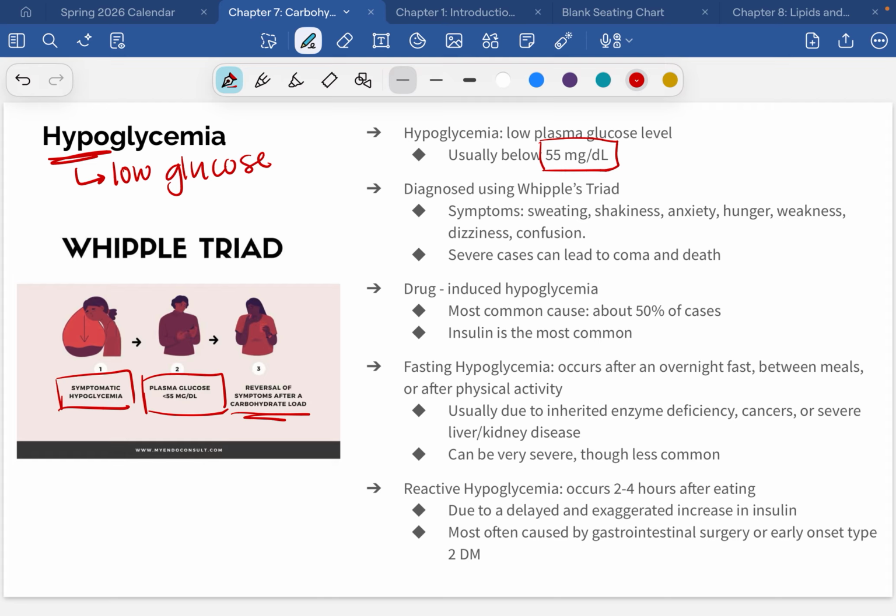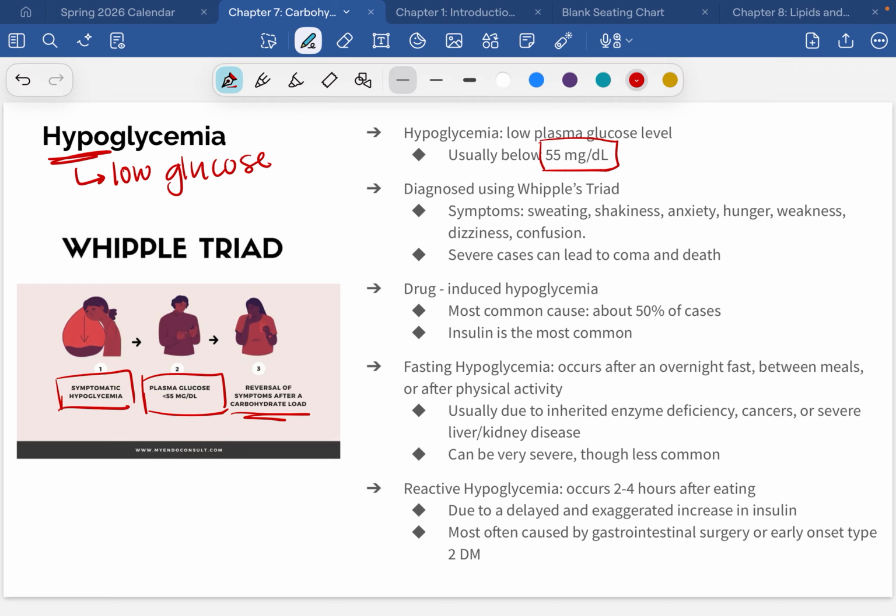So to have somebody be truly diagnosed with hypoglycemia, the third thing that has to be true is that their symptoms are reversed. So we have a complete reversal of all of those symptoms as soon as they consume some type of carbohydrate. And hypoglycemia can be incredibly serious. It can lead to coma and death if it's not treated quickly.